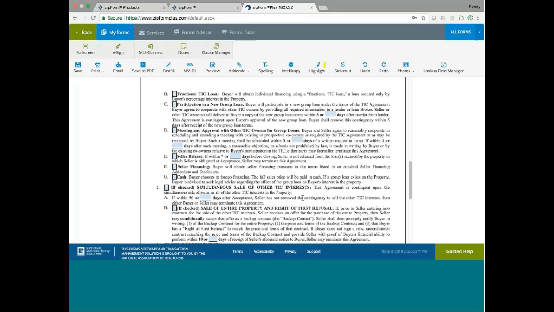So if he only sells one TIC interest, he might not have enough cash to buy the next real estate. So he may make it a contingency: in order for me to close escrow, I have to sell 2 TIC interests in 2 separate buildings. Okay? So this situation might apply. If you have that situation, you have to check box number 5.